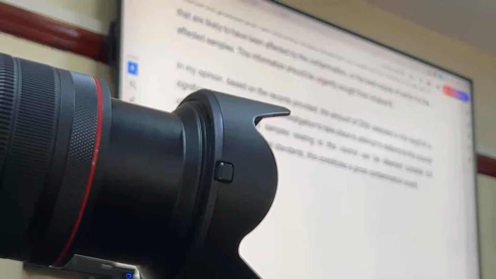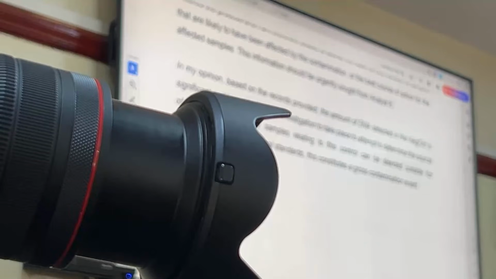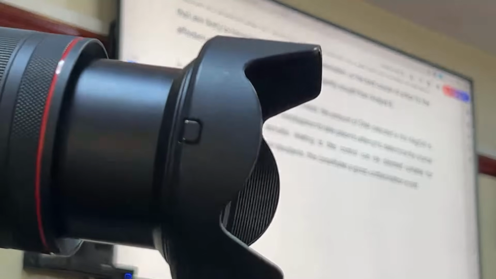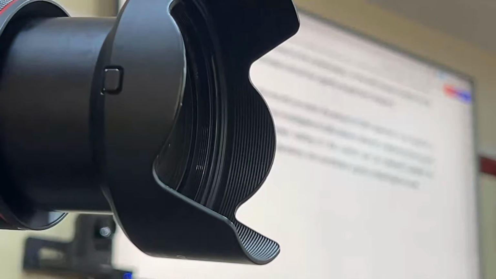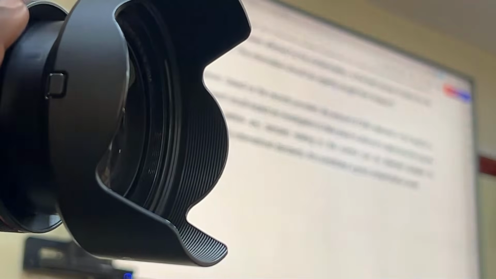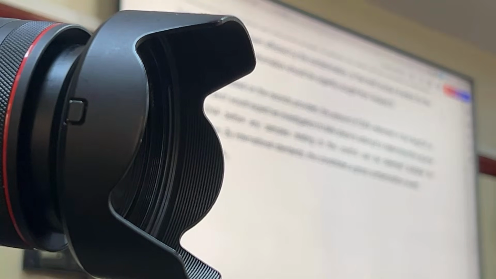How did you describe it? The record is there. I was reading from my report on page 11. After I've said that any samples relating to this control must be reworked before they can be deemed suitable for interpretation, the final line is, by international standards, this constitutes a gross contamination event.